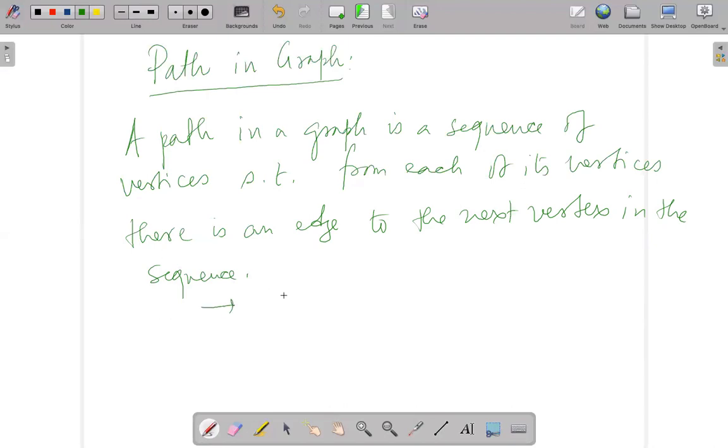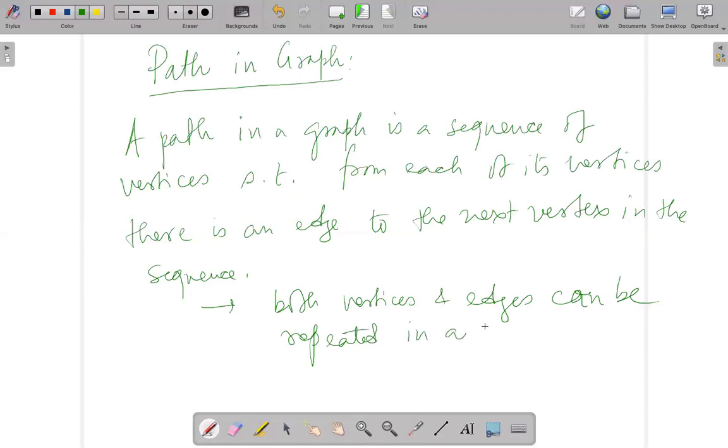So clearly both vertices and edges can be repeated in a path.